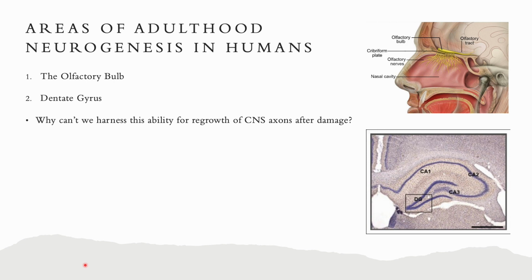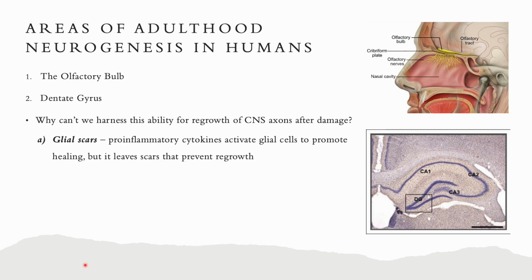So why can't we harness this ability for regrowth of CNS axons after damage? Well, there are a few different reasons. First, there's something called glial scars, in which pro-inflammatory cytokines that chronically activate glial cells leave scars that prevent the regrowth of new cells.